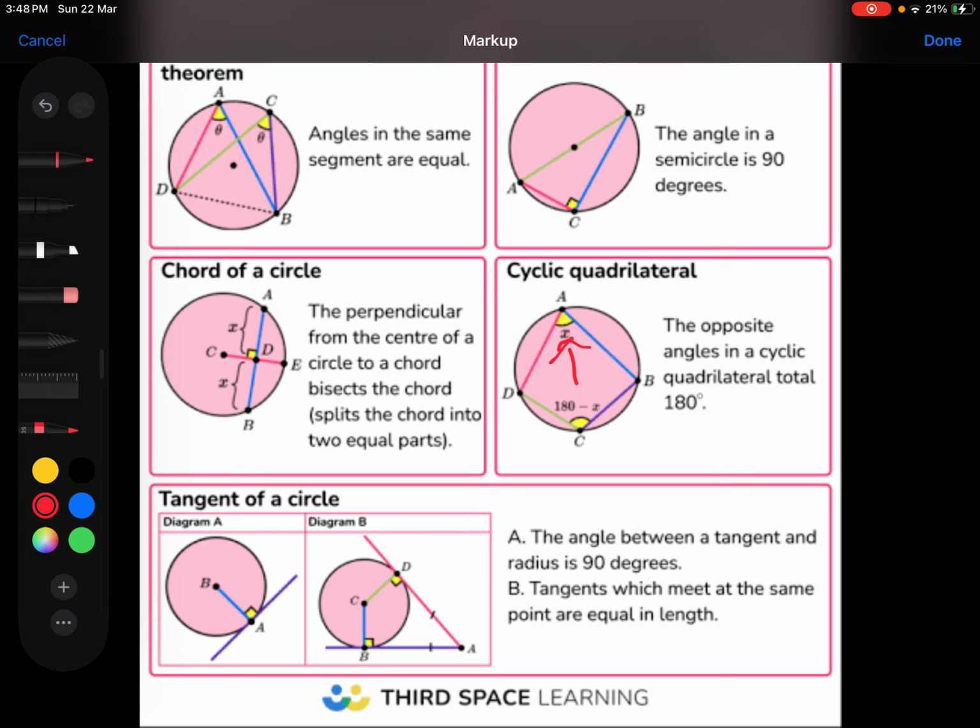These two angles add up to 180 degrees. So basically, angle DAB plus angle DCB is equal to 180 degrees. We can just write in the exam: the opposite angles in a cyclic quadrilateral total 180 degrees.